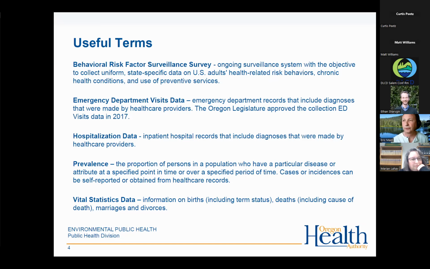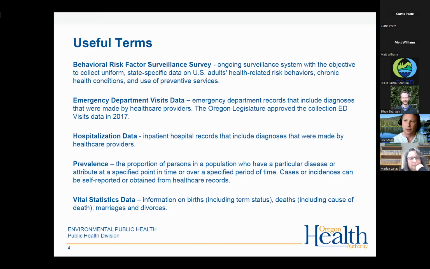This is a CDC-funded survey that is administered by the states, where we're collecting self-reported information on health-related risk behaviors, chronic health conditions, and the use of preventative services.